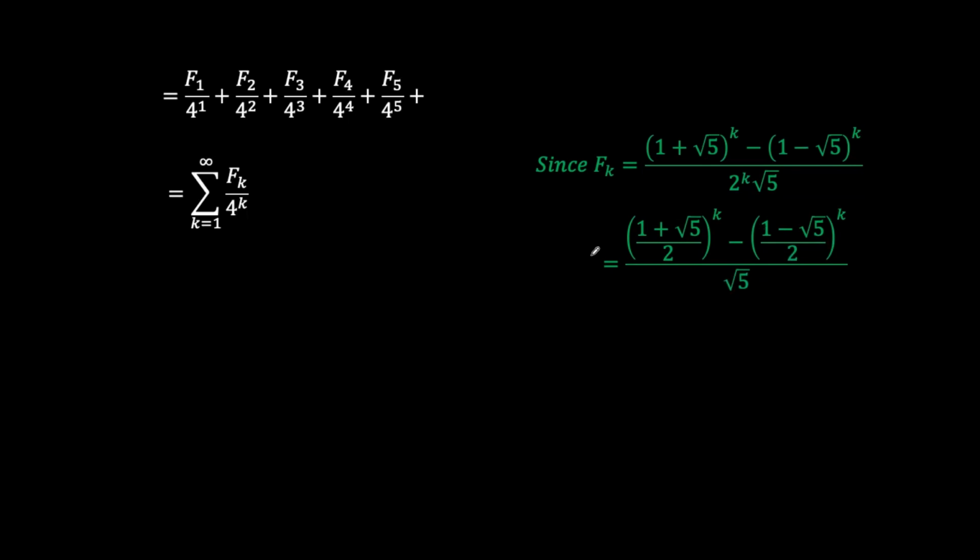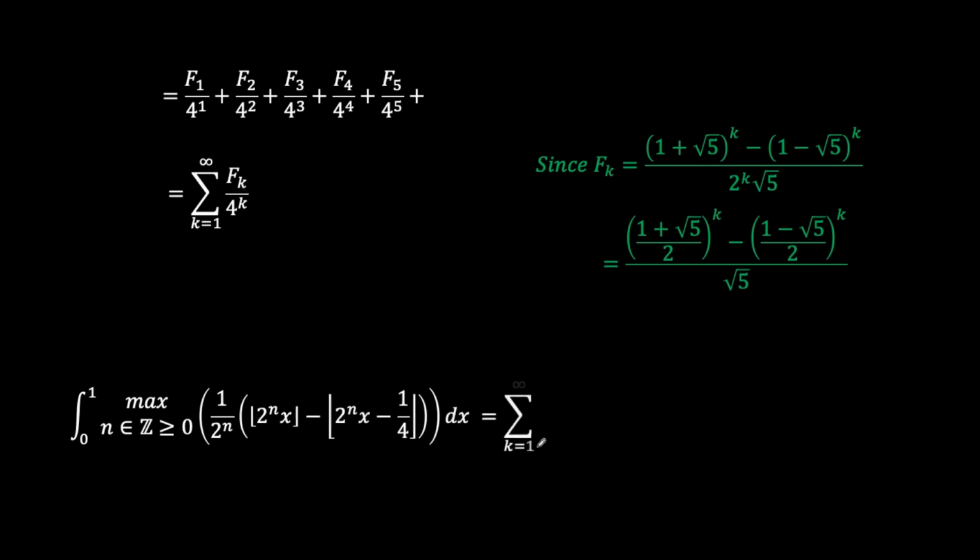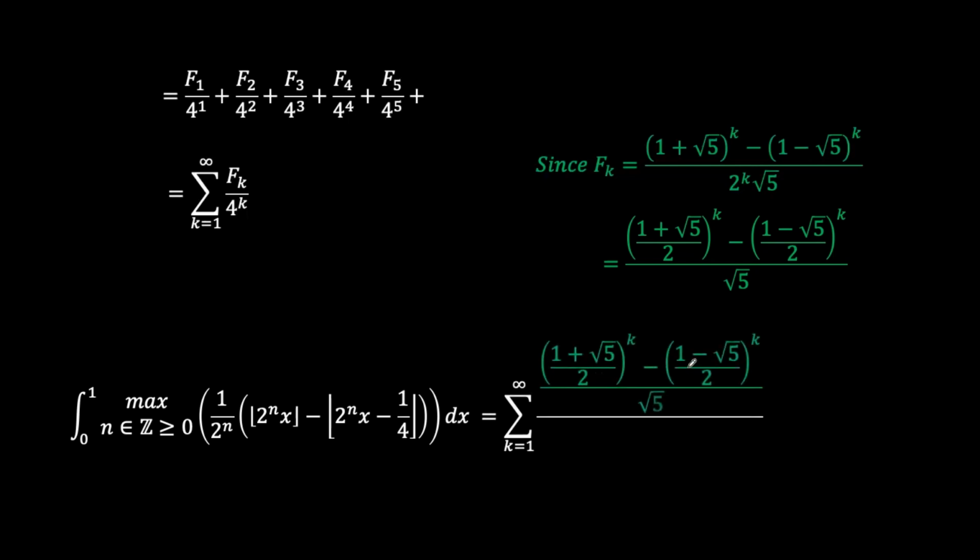So we can put these in place of fk so that our integral is now the summation from k equals 1 to infinity of ((1 plus root 5 over 2) to the power k minus (1 minus root 5 over 2) to the power k) over root 5, over 4 to the power k.